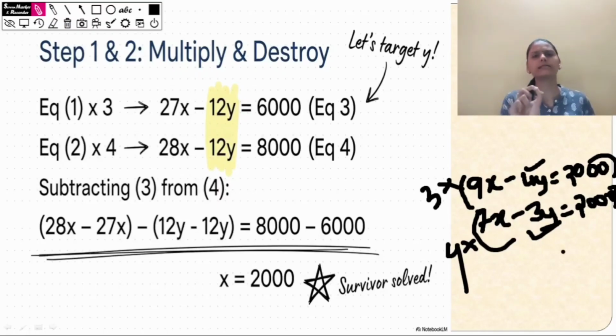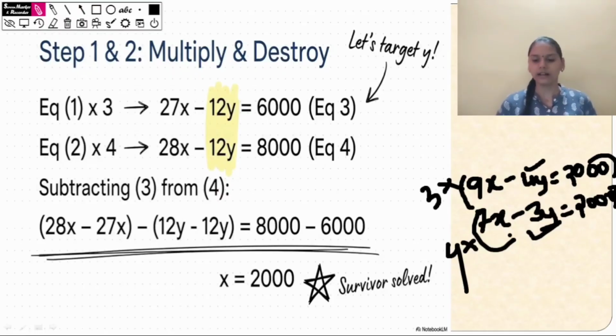Now this takes a bit of your brain. Understand, whenever you're multiplying both equations, see that the coefficient of x or y should be the same.